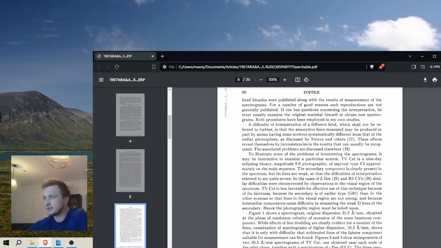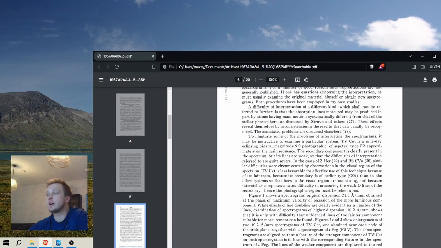TB Set is less favorable for effective use of this technique because of its faintness, because its secondary is of earlier type, G0?, than in the other systems, so that lines in the visual region are not strong, and because interstellar components cause difficulty in measuring the weak D lines on the secondary.